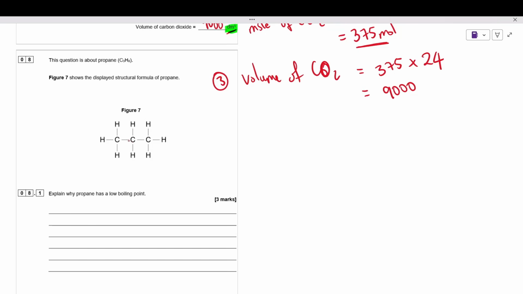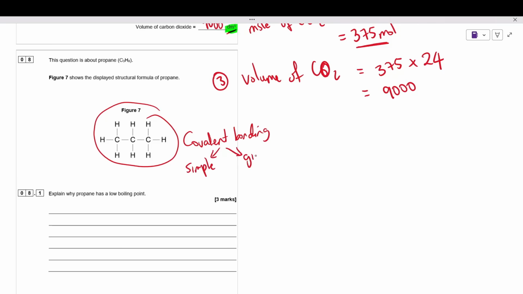Propane, we can see it's all covalent bonding. And there are 2 types of covalent structures: the simple and the giants. Now this falls under the category of simple, right? So we know that propane is a simple molecule.